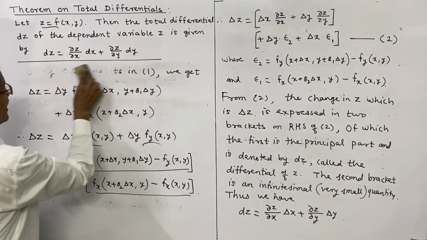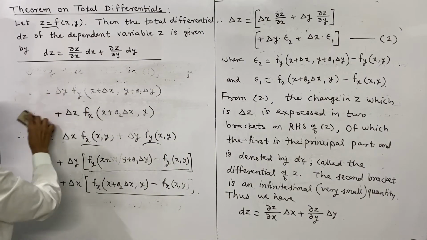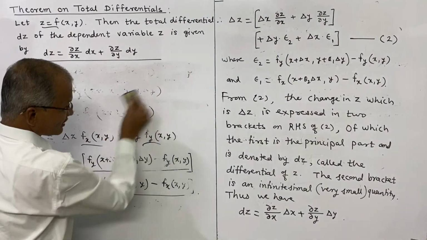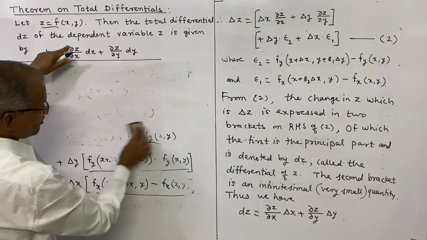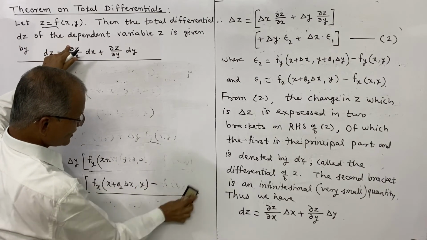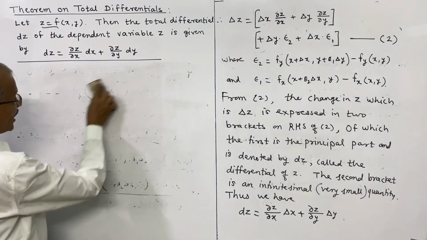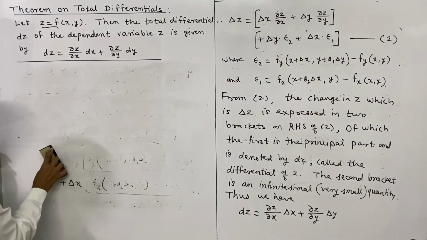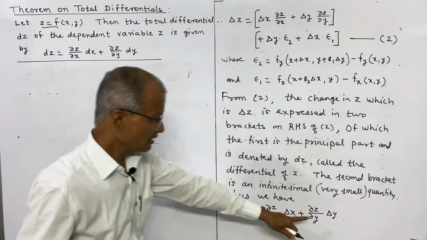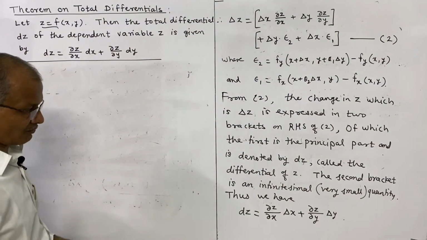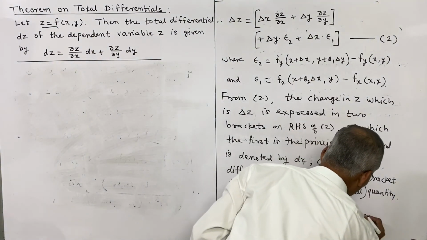So dz is equal to dou z by dou x into delta x plus dou z by dou y into delta y. But what remains is to show that delta x is the same as dx, that is, change in x is the same as differential of x, and similarly delta y is the same as dy. That we shall show further, and we will call this 3.